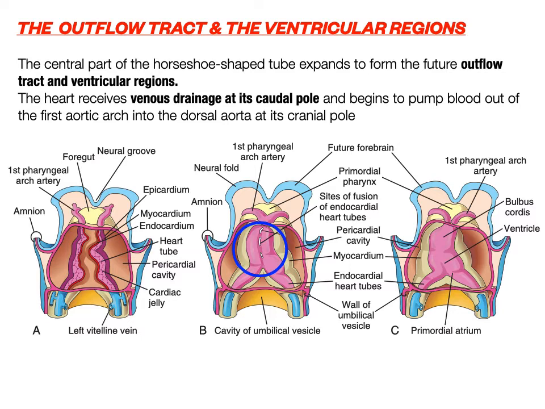Then the tube expands, forming the outflow tract cranially from where the blood is pumped to the dorsal aorta and the recently formed first aortic arch. Caudally, the expansion forms the ventricular regions that receive the venous drainage from the body.